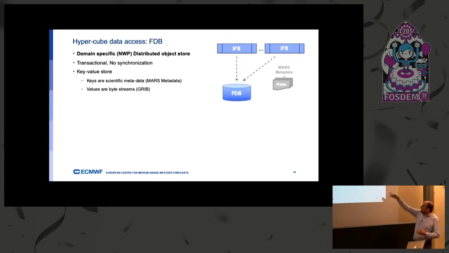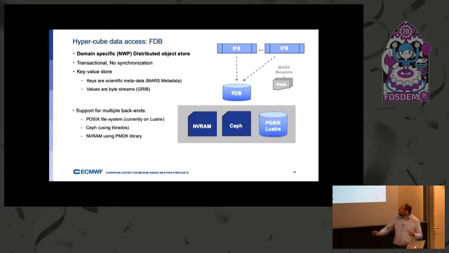The model is writing directly to the FDB, and this is also required to support the throughput that we need from our model, in the sense that the parallel file system cannot guarantee the 19 gigabytes per second that we need. So we have this cache that is supporting the I/O operations.